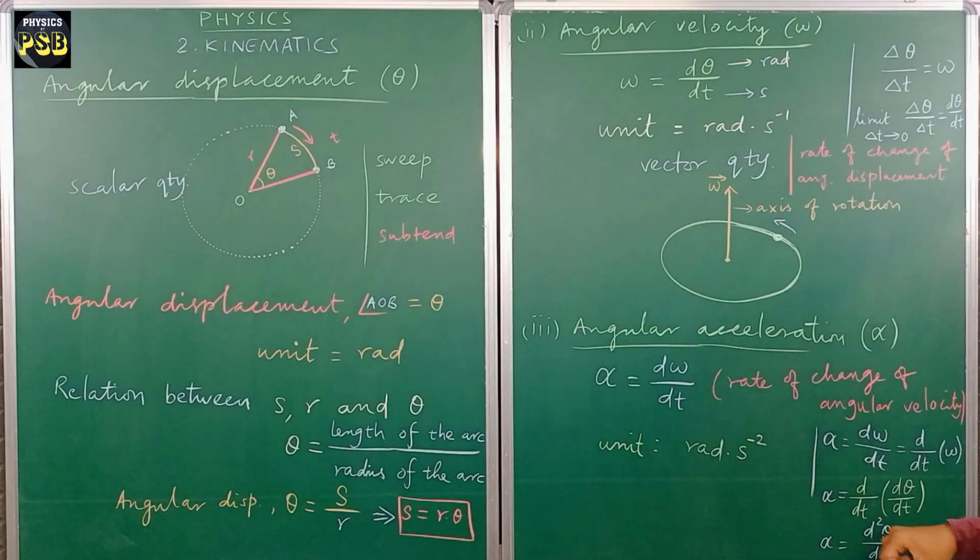So here, angular displacement is measured in radian and the time is measured in second. So here it is the square of second. So s power 2, when it is present in the denominator, when it is taken to the numerator, becomes s power minus 2. This is how one gets the unit of angular acceleration. I hope you have understood.